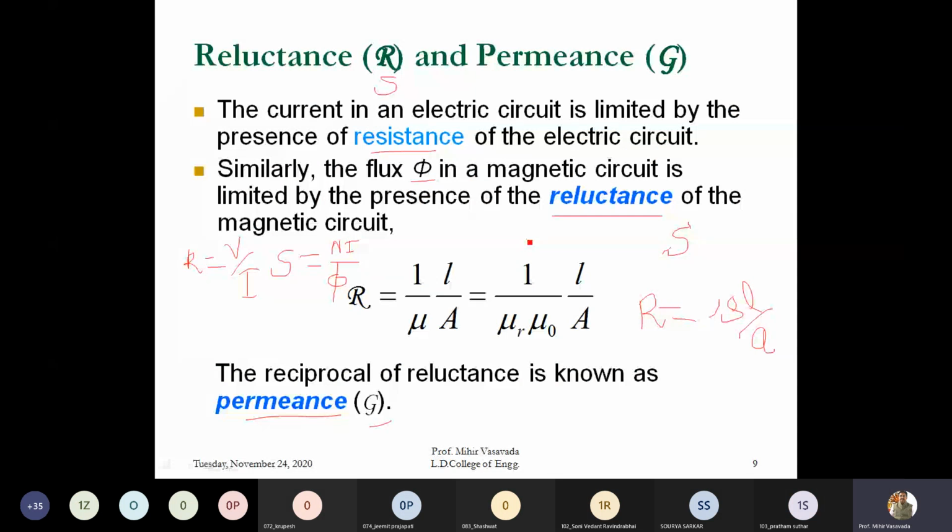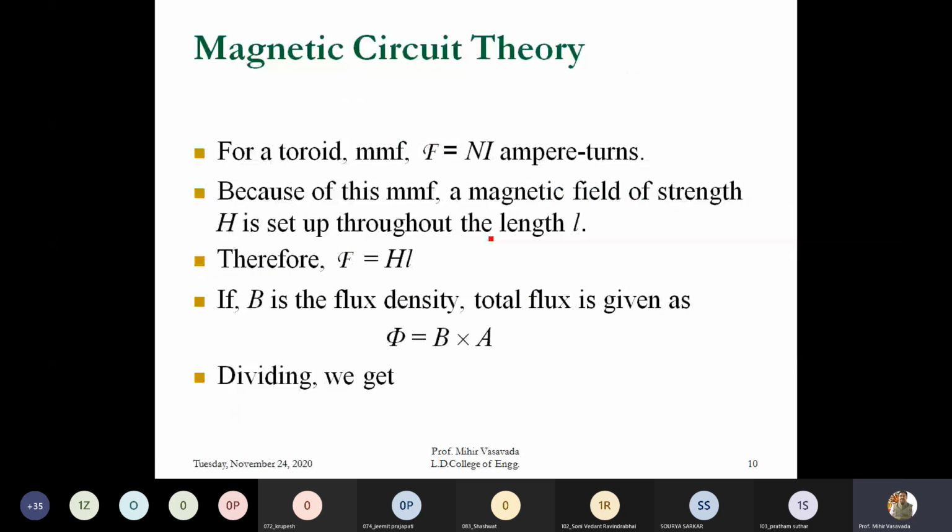So if you take generalized circuit theory, magnetic circuit relations, then you know MMF is ampere turn.